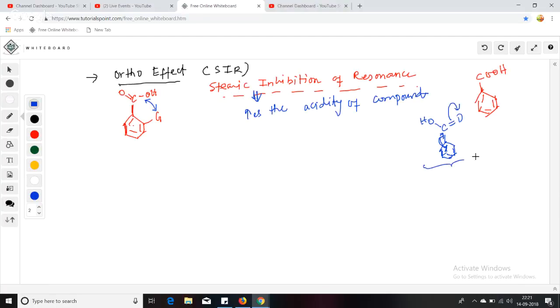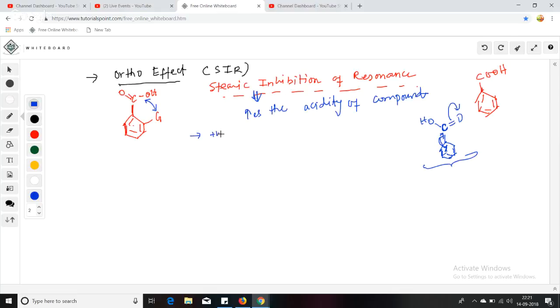So, when the resonance is not possible, it cannot withdraw electron from the ring, and hence the positive charge density on the carbon atom is more now. When resonance is not there, because of steric inhibition of resonance, what happens?